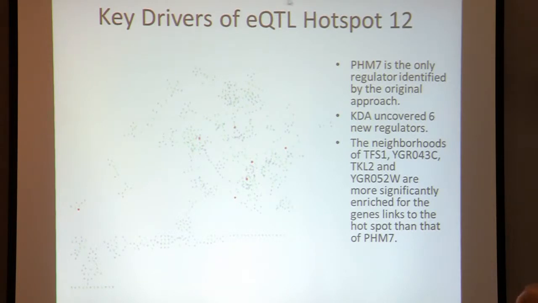So there is another hotspot trial actually. Again, PHM7 is the only regulator identified by the original approach. Here we identify 6 additional regulators, and 4 out of the 6 new drivers are much more significantly enriched for the genes linked to the hotspot than PHM7.